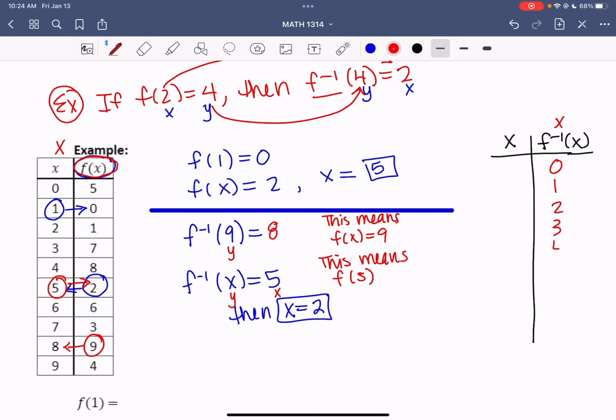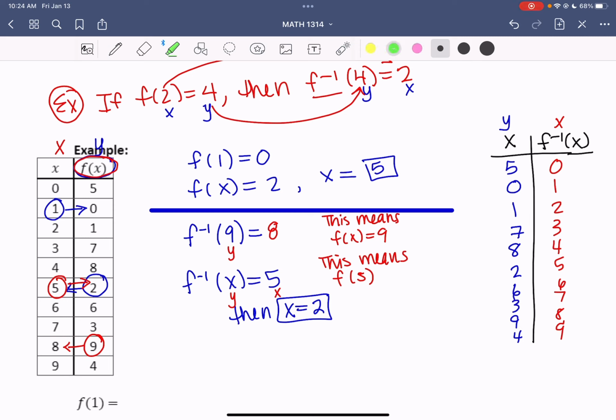So let's just recreate that. We're going to list 0, 1, 2, 3, 4, 5, 6, 7, 8, 9. And then earlier, these were y values, but now they become your x values when you're looking at the inverse function. So 5, 0, 1, 7, 8, 2, 6, 3, 9, 4.